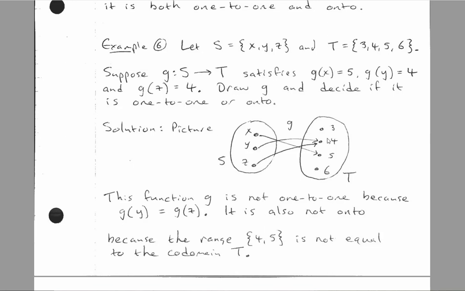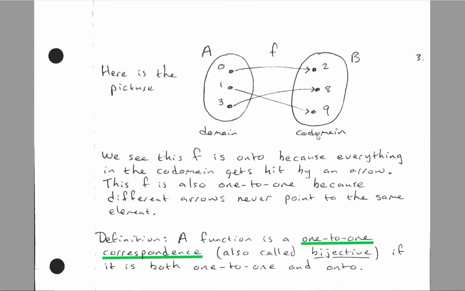All right, so if two or more arrows hit the same thing, then it's not one-to-one. And if no arrows hit something in the codomain, then it's not onto. Okay, you can see the difference with that first function.